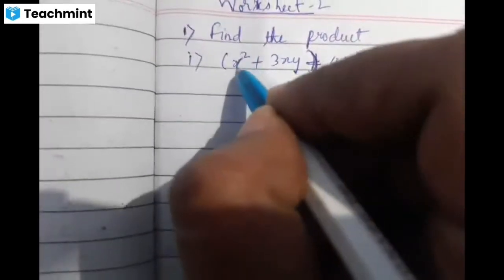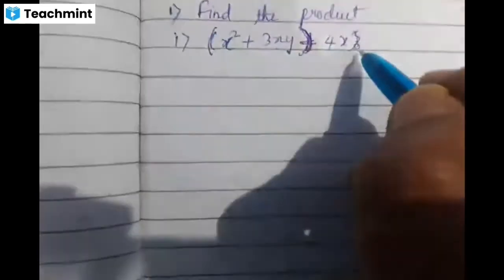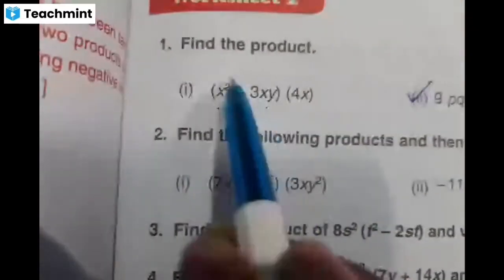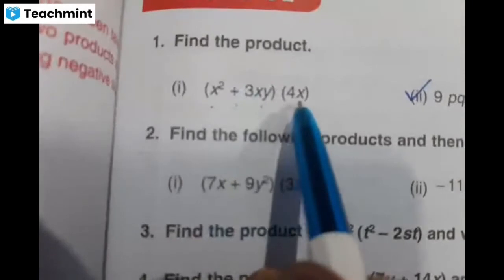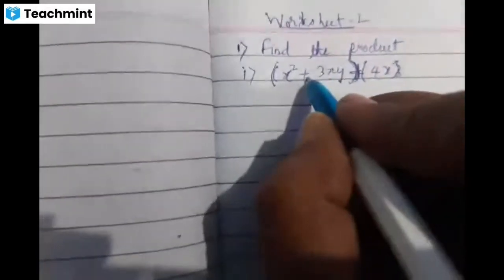So here, this is the question like this. x square plus 3xy is a binomial, and outside you have got 4x. Let me show you in the textbook. x square plus 3xy is a binomial, 4x is the monomial. So in this way, we are going to multiply the monomial with a binomial.